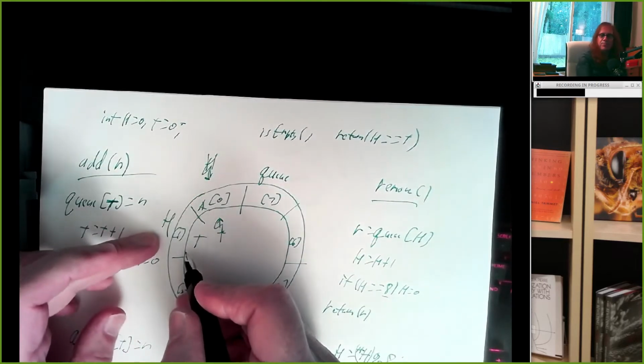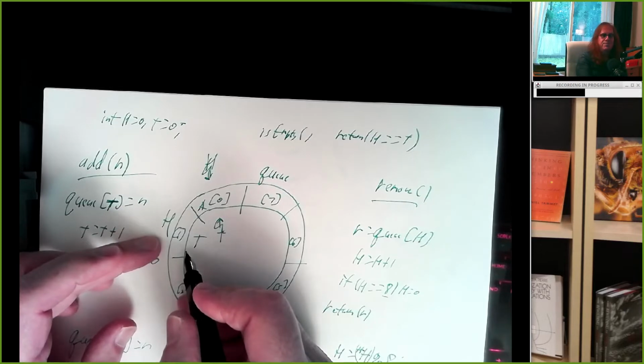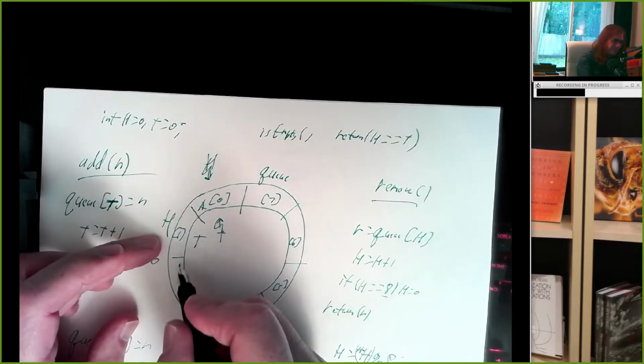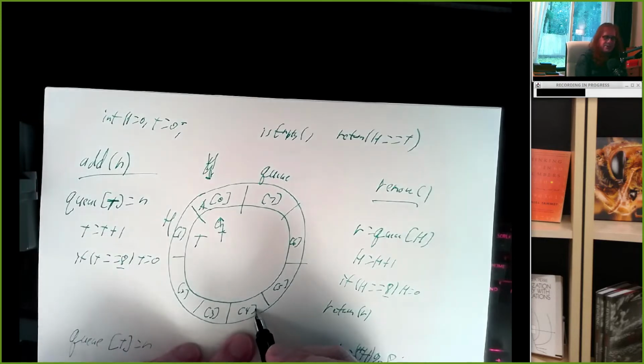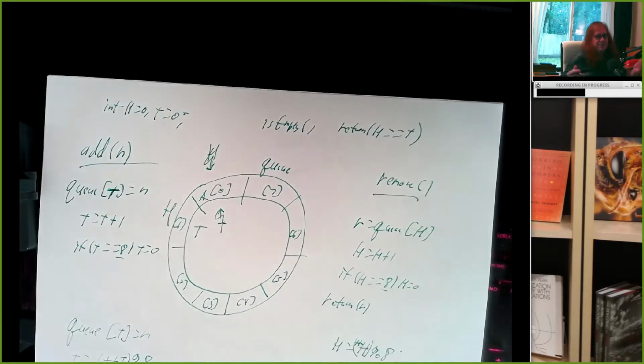Head and tail are both 1 now, that's an empty Q. If we add 1, 2, 3 things, our tail will be 4. If we remove those 3 things, our head will be 4. Head and tail are equal, that's an empty Q. So the isEmpty function is really just see if the head and tail are equal to each other.